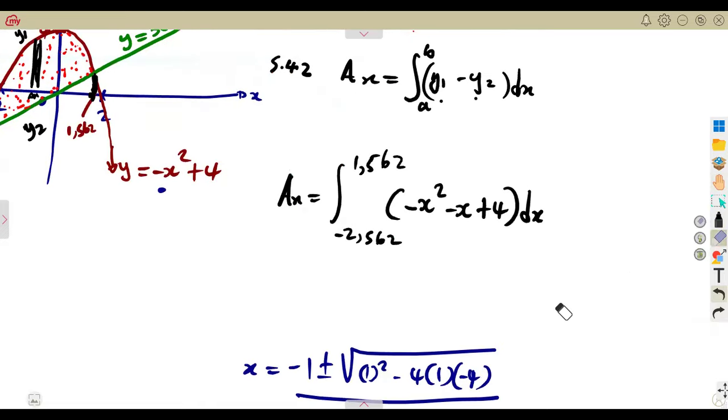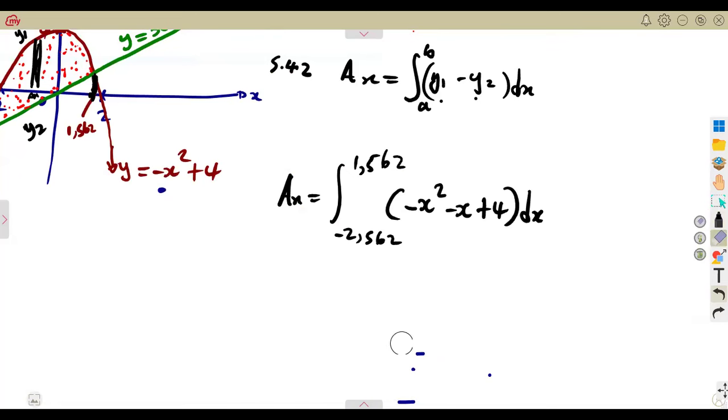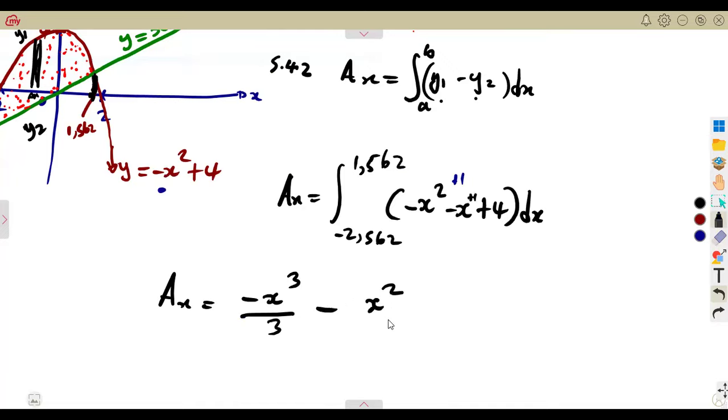So let's integrate each and every part that we are given. Remember our integral, add 1 to the exponent. That will be a 3, so that's minus x to the exponent of 3 over 3. Minus, add a 1 here, so that will be x squared over 2.